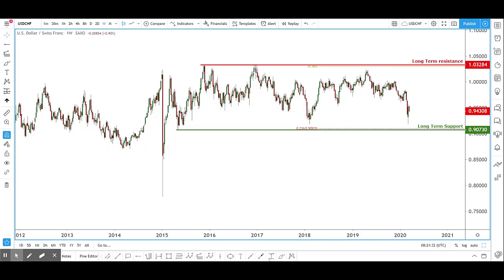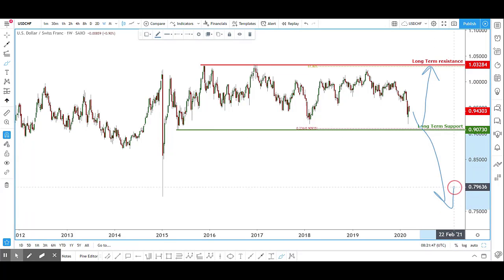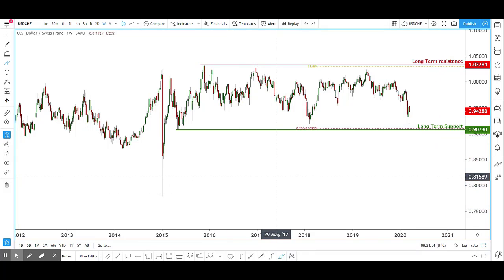Like I earlier mentioned, what we expect to see is for price to actually come down to the long-term support and then bounce up towards the long-term resistance, because price has been in a sideways range for quite a long time. If we break below the long-term support, you'll see price free fall all the way down to at least this spike and even the longer term spike.